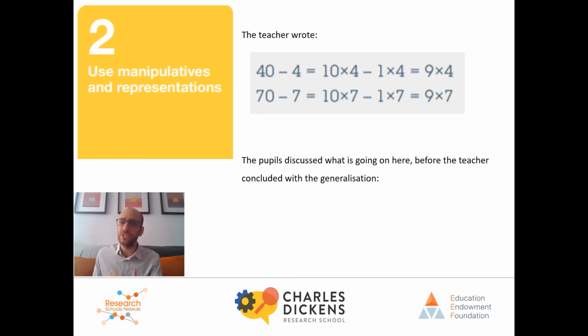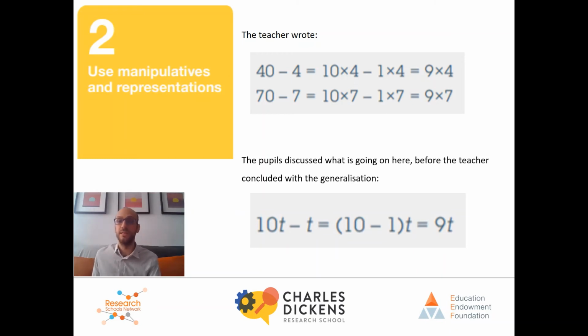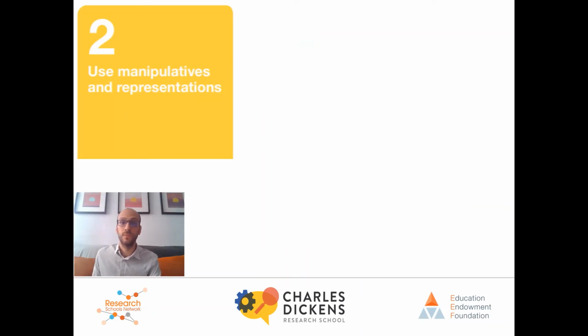The pupils discussed what is going on here before the teacher concluded with a generalization, 10t subtract t equals (10 subtract 1)t, which equals 9t. A generalization showing why the answer is always a multiple of 9. Hopefully that example demonstrates the use of manipulatives and how the use of them as a scaffold is introduced, reduced, and then ultimately removed.